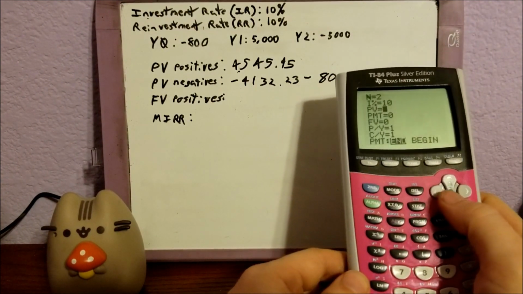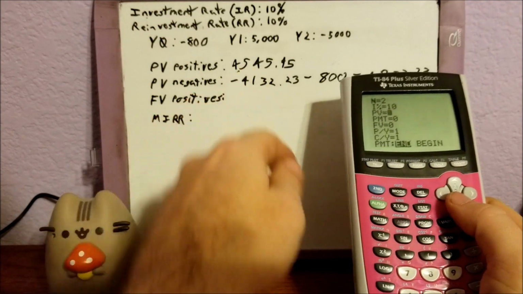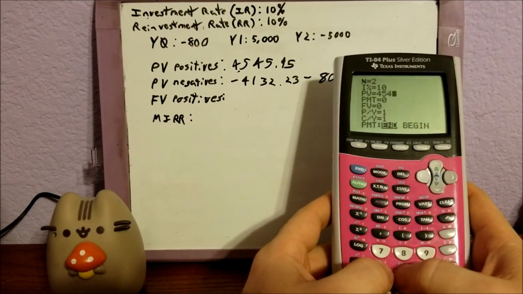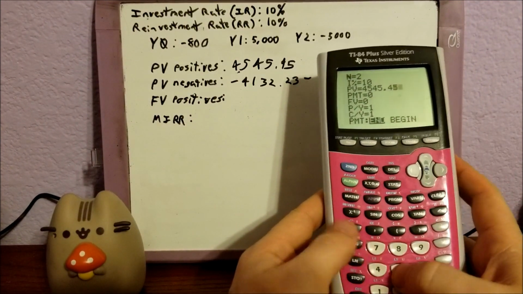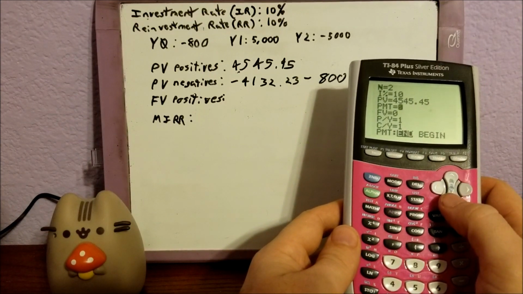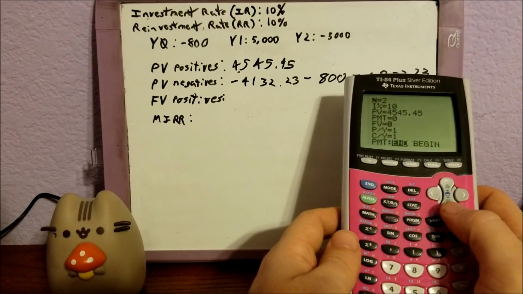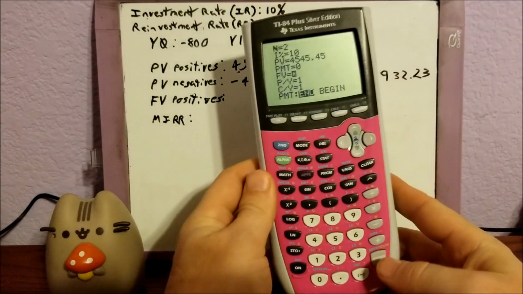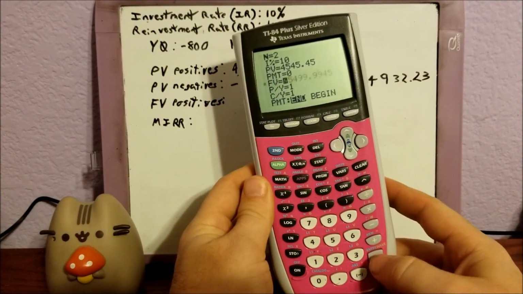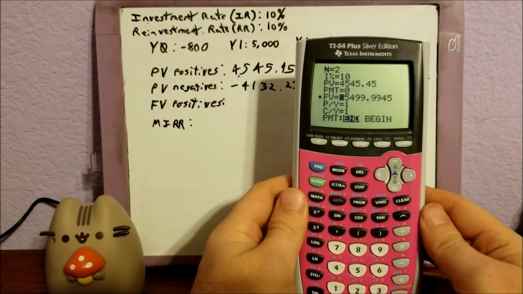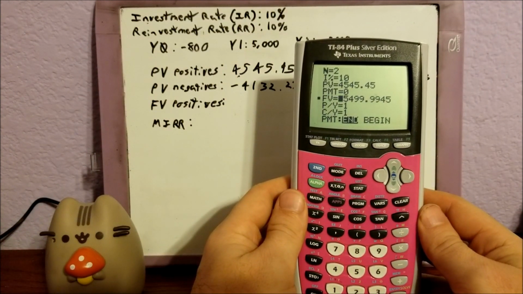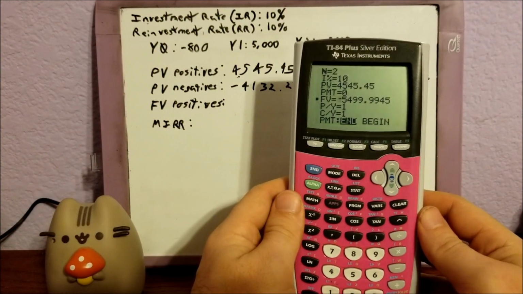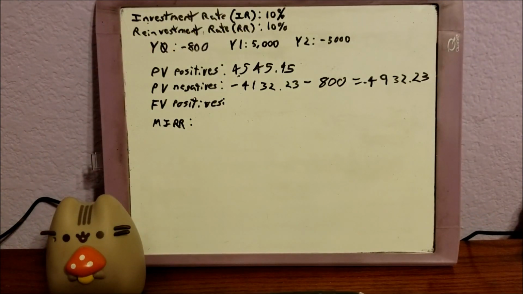The present value is going to be 45.45. No payments, so we skip that. And then we go to our future value. We hit our green alpha button here and hit enter. And what we end up with is negative 54.99.